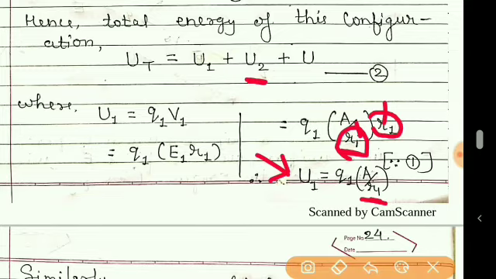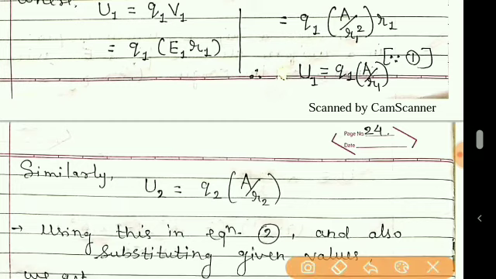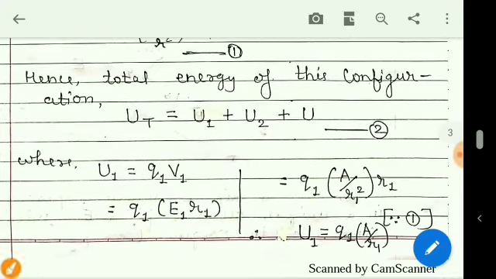Similarly, now what will be U2? For charge Q2, directly we can write U2 is equal to Q2 A upon R2. This is similar to this only. So now U1 is obtained, U2 is obtained, and finally left is U. What is U?